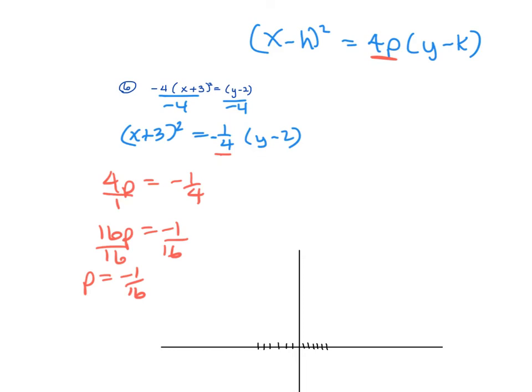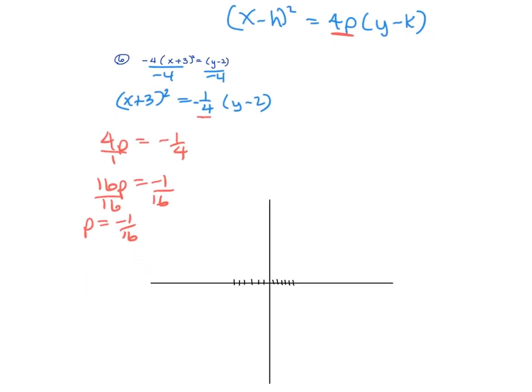So let's go ahead and find an additional point. Let's find the y-intercept. Now, when your graph opens up and down, it's probably easier to find the y-intercept. It may not have an x-intercept. So just take a look. I'm going to set x equal to 0. I'm going to use my rearranged equation.